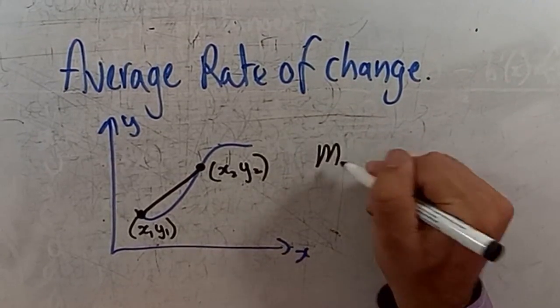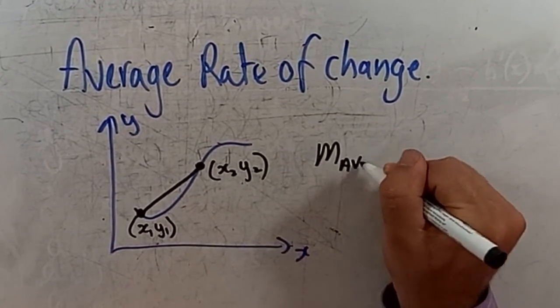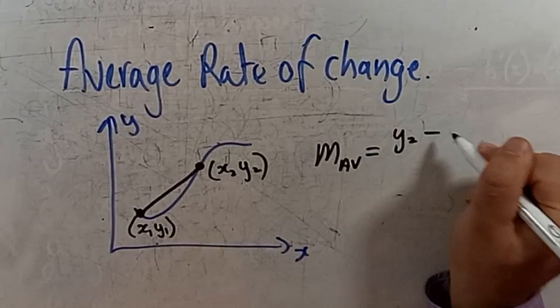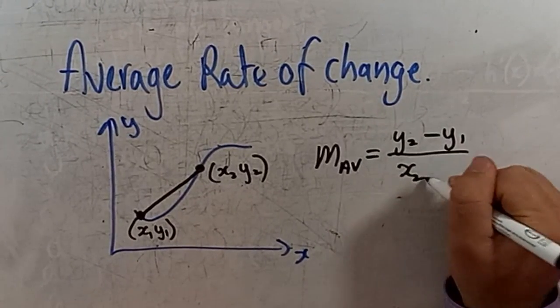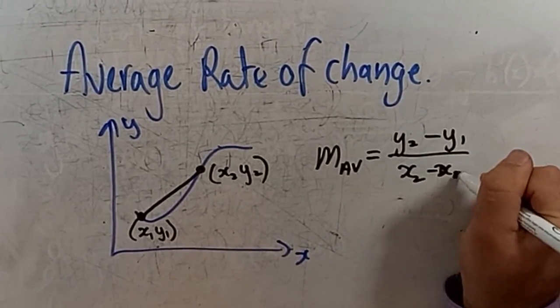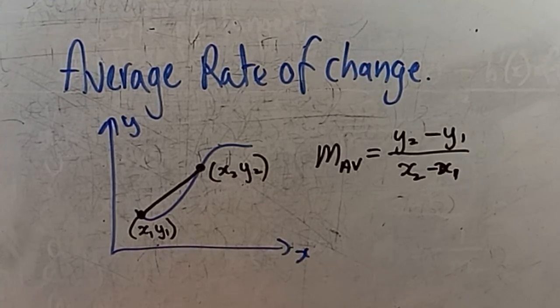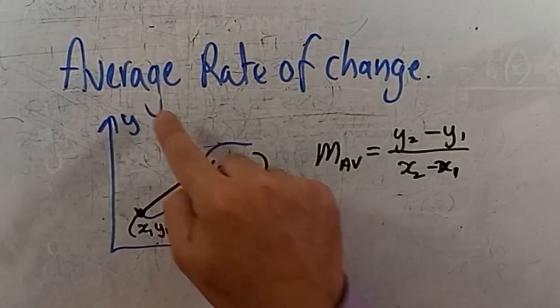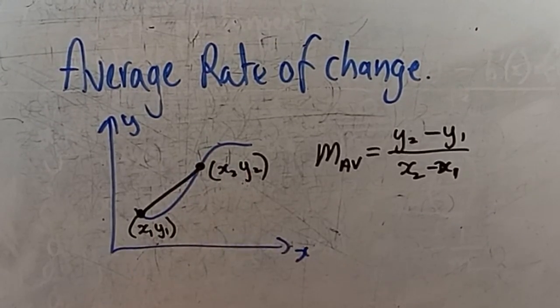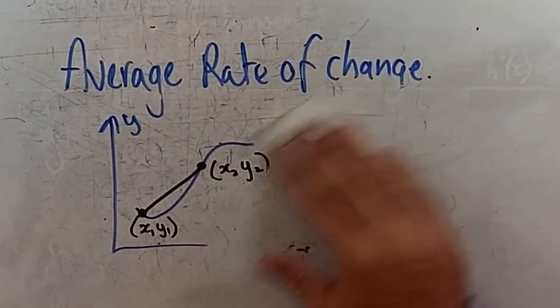So the average gradient is just y2 minus y1 over x2 minus x1. Okay. Now, you've done plenty of that before, so there's no need to do a further example of that, I don't think. It's just something to keep in mind when it's talking about average rate of change. It's just the gradient of the line that joins the 2 points. That's it.